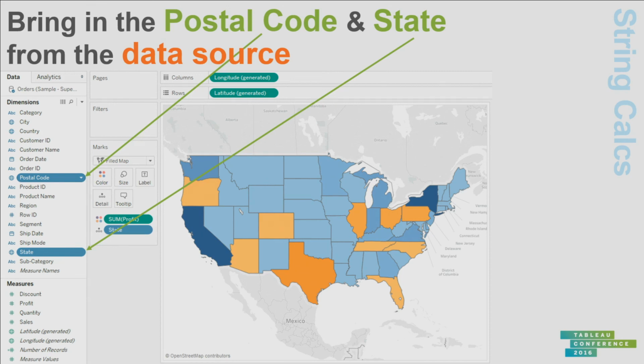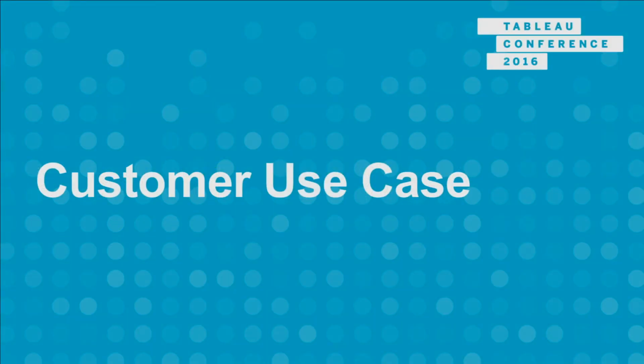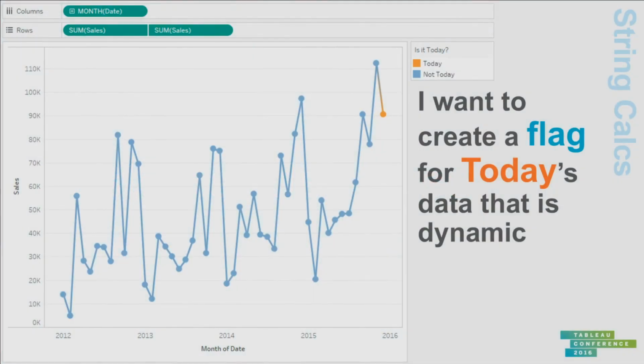So our next customer use case within string calculations is likely going to be one that is a bit more familiar to us. In this instance, we want to create a flag for today's data that's dynamic. The actual use case here was wanting to look at the average of today's sales versus all other sales, and then just a quick, is it higher or lower to track.